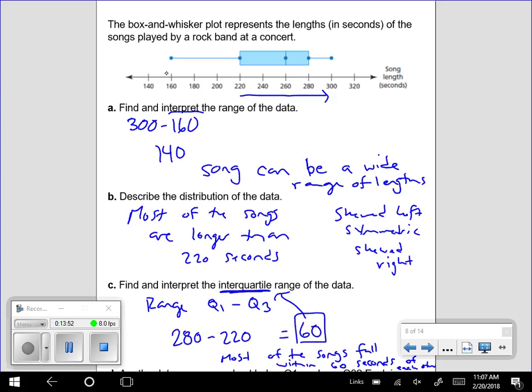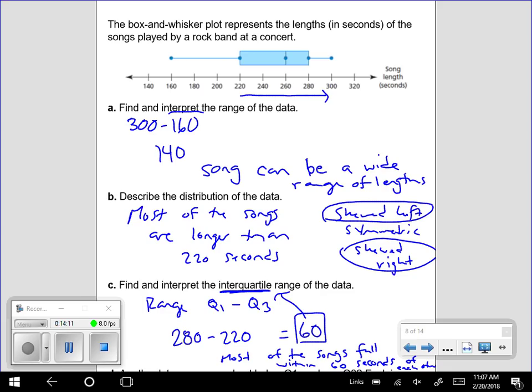The longer the whisker, the more spread out you are. Here, our numbers are really condensed, closer together. So in this case, it's more spread out below quartile 1. That goes back into skewed left or skewed right. If you have a longer whisker, that means it's more spread out.